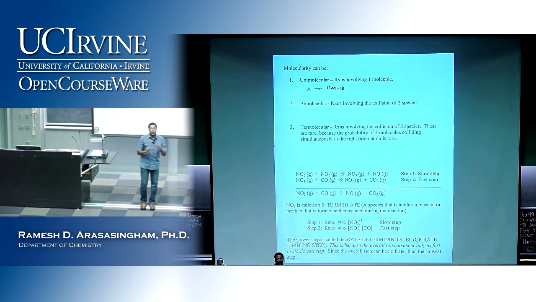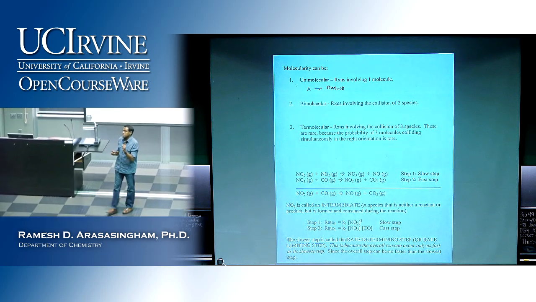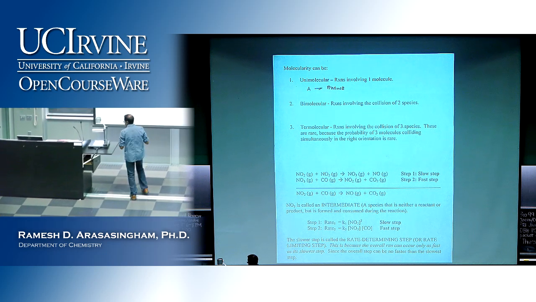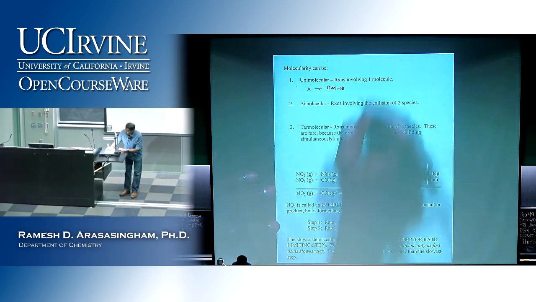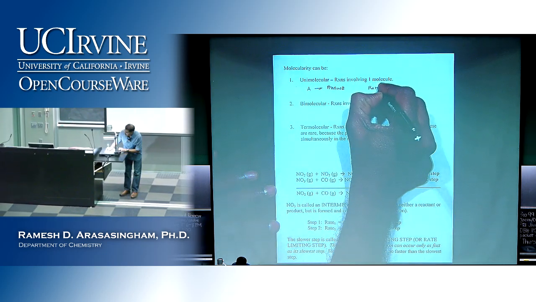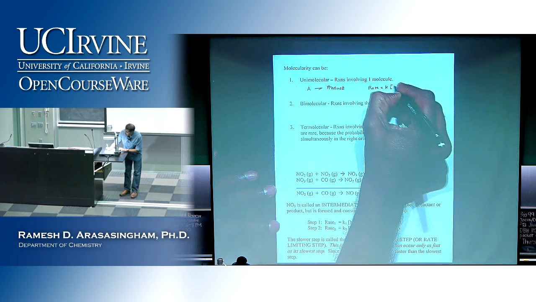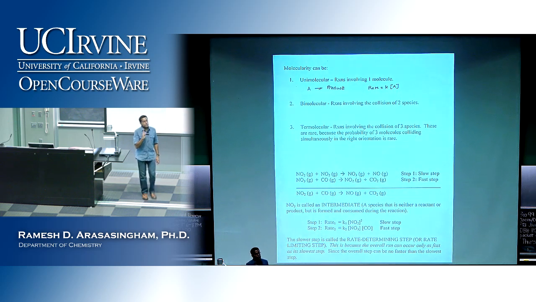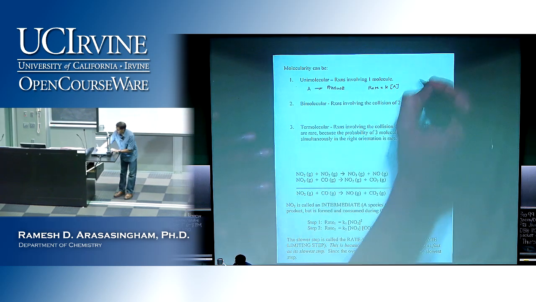And if one reactant in a single step goes to give you products, we call that unimolecular. And so if you want to write the rate for this, the rate equals k, rate constant k times A. So this is for that one step, all right? So this is one step in a mechanism.